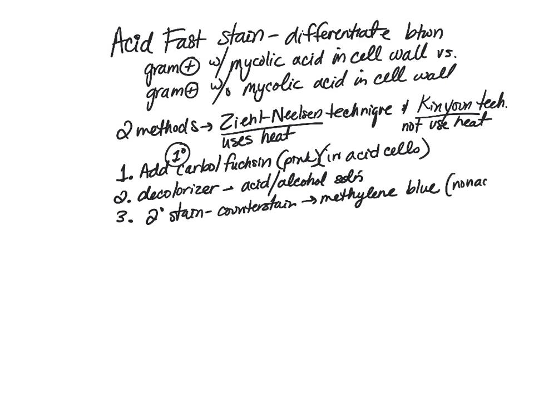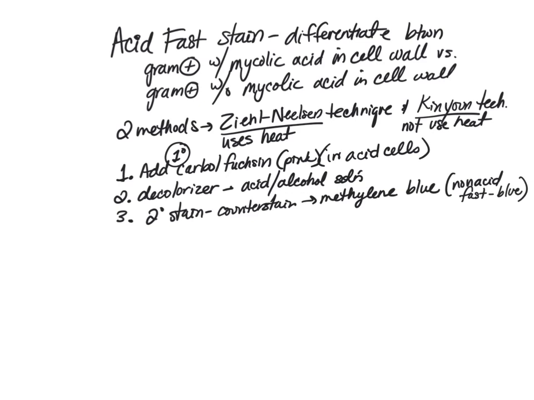So non-acid fast are going to be blue. So if we are looking at a mixture of bacteria, those that are acid fast, that have that mycolic acid in their outer layer cell wall, are going to be pink. And any other bacteria on there that's not acid fast is going to end up looking blue. So we can determine between those different types.